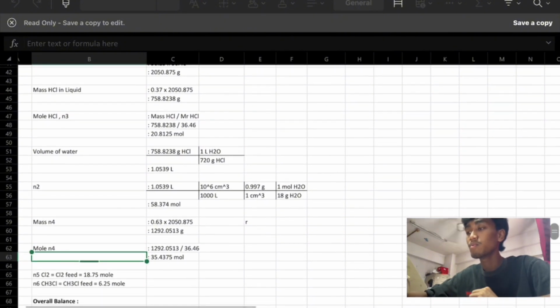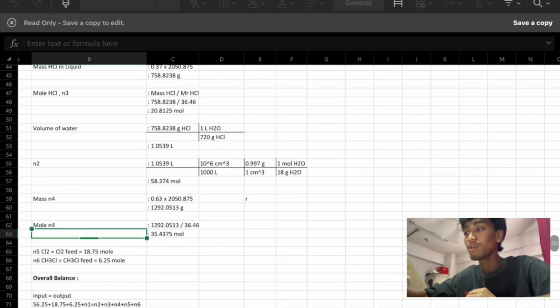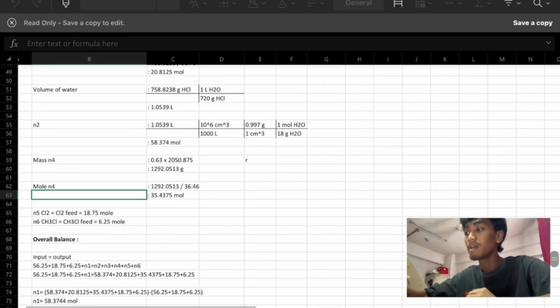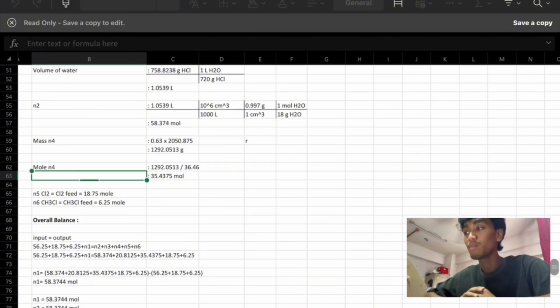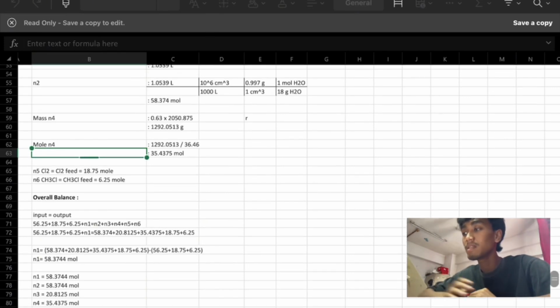Now we need to find N2 from the volume of water, and we got 58.374 mole, and we need to find the mole N4 from mass N4, and we got 35.4375 mole. From this equation, we got N5 Cl2 equals the Cl2 feed, 18.75 mole, and N6 CH3Cl equals the CH3Cl feed, 6.25 mole.